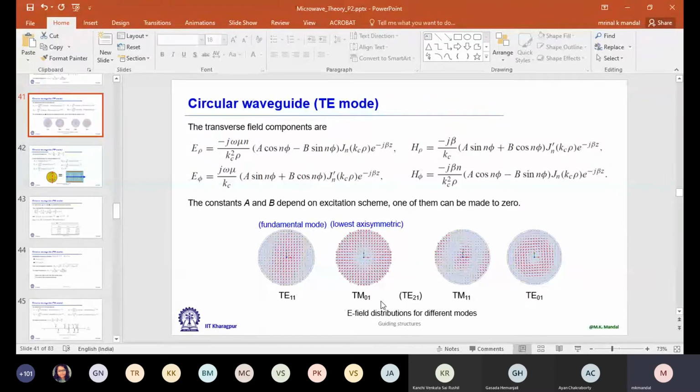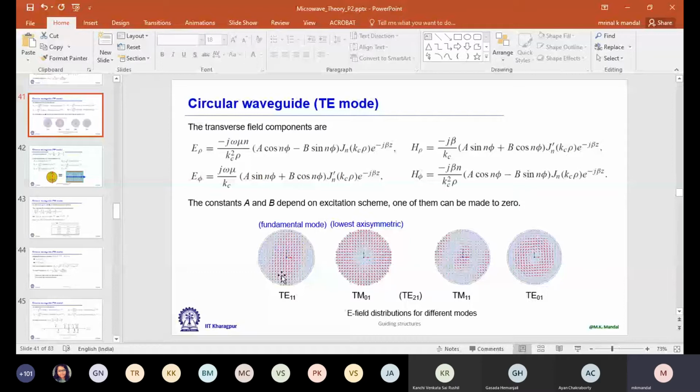From the left-hand side you are exciting the electric field in this direction. So on the right-hand side where you are collecting the fields, you have to orient your component in that direction only. Sometimes it can create a problem. But if I use TM01 mode, then we don't have that problem of orientation. So if you have a twist or other things, then it can create a problem for TE11 mode.